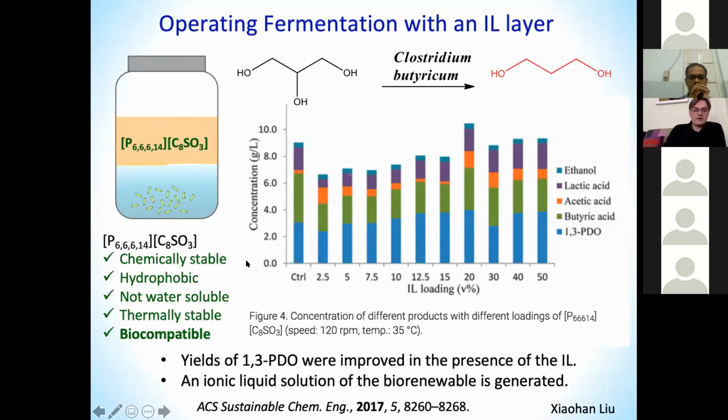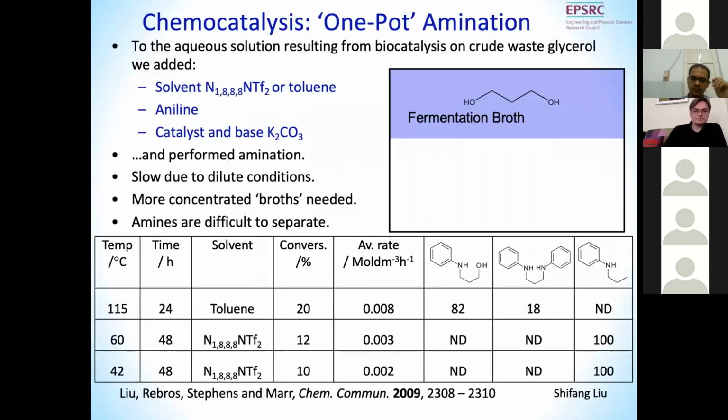And we actually found that the production of our desired product, 1,3-propanediol, was improved by the presence of the ionic liquid. That is because there's an extraction happening as you do the reaction, and it can remove poisons from the process.